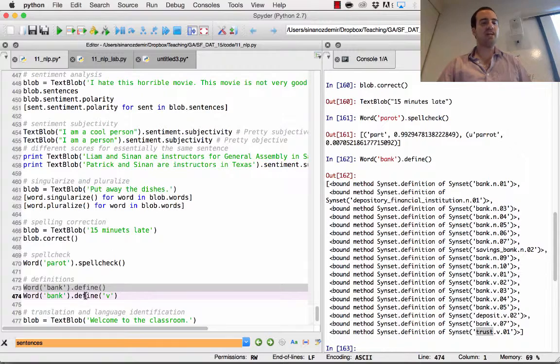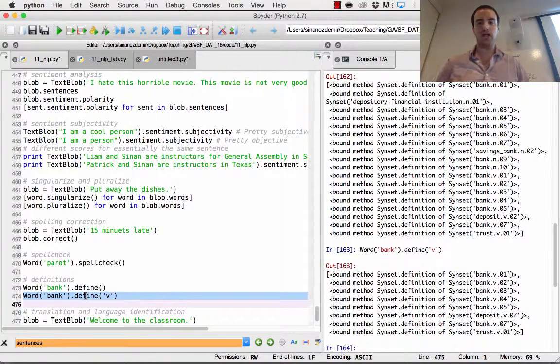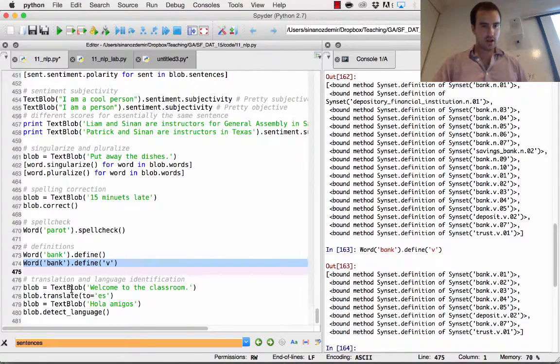However, if you define it in terms of only as a verb, then it shows you what's called a synset. A synset, and this is getting into kind of more complicated stuff that I'm not going to get into because we're running out of time already. To bank, you can deposit, you can trust someone. Bank has several different meanings. But you can specify the part of speech that you want, and it will show you different definitions as well.